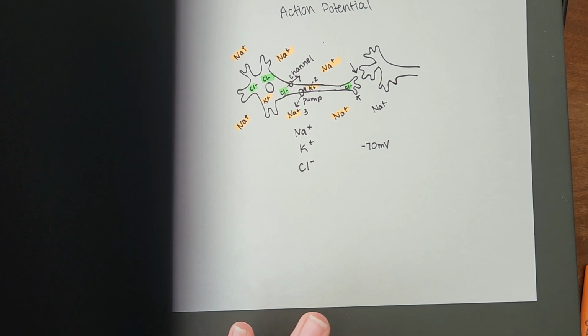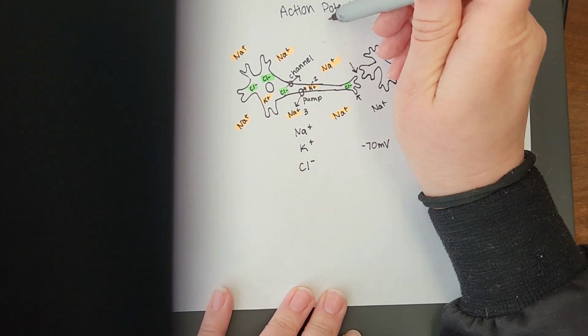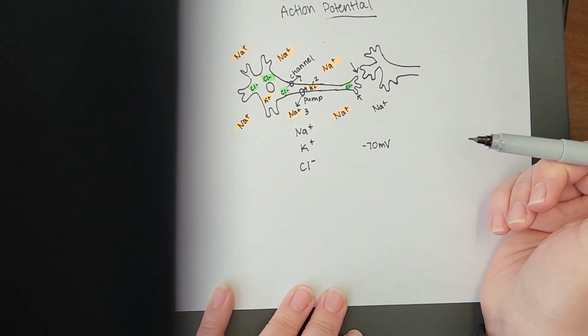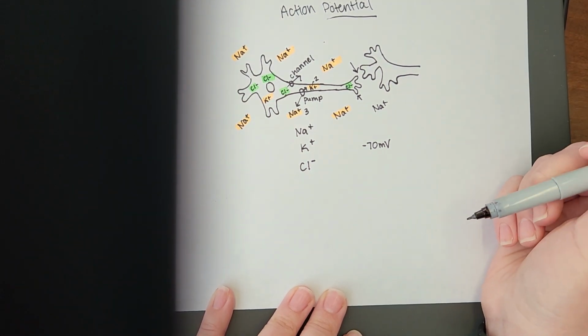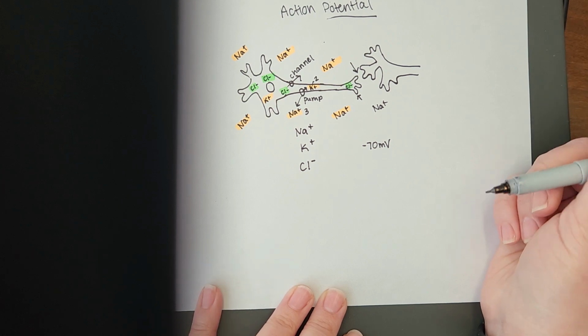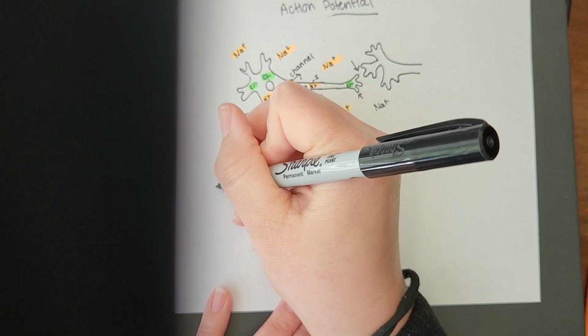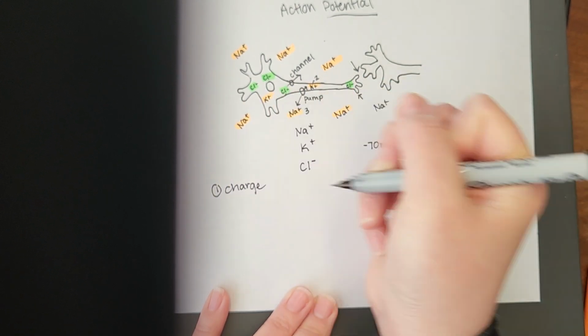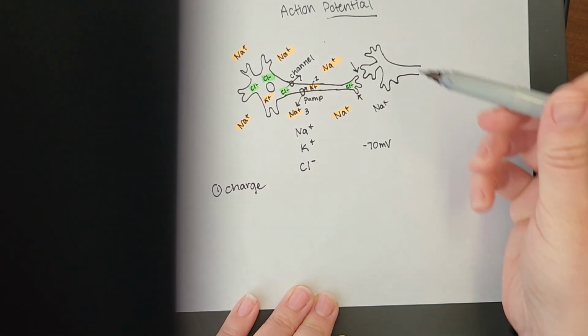And it has a lot of potential energy. And we can remember that because of action potential. It has the potential to want to change and get back to equilibrium. The first reason is that the charge wants to be at equilibrium.